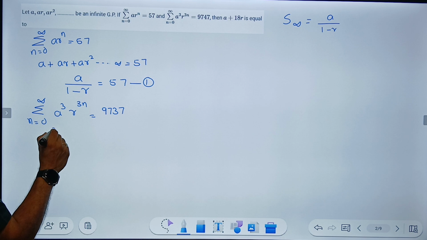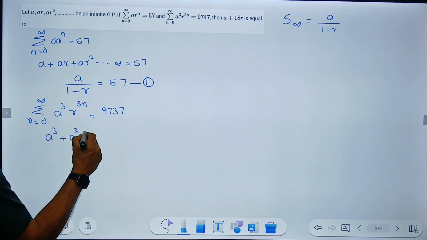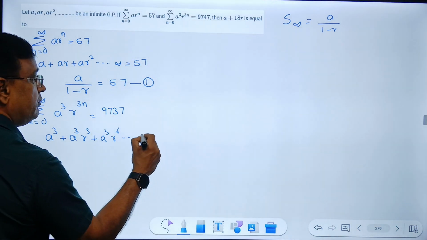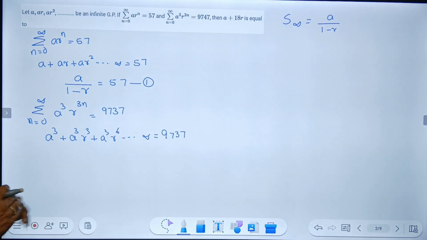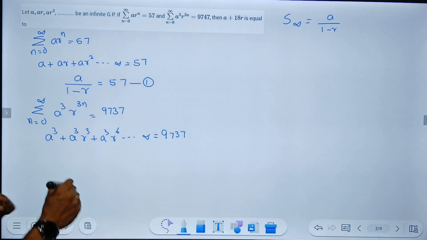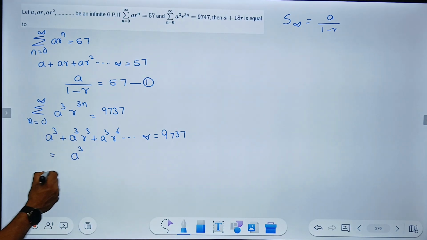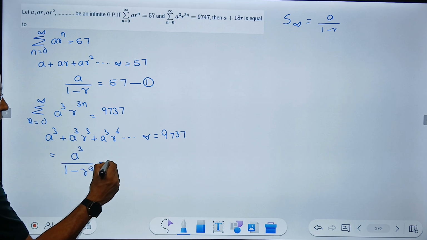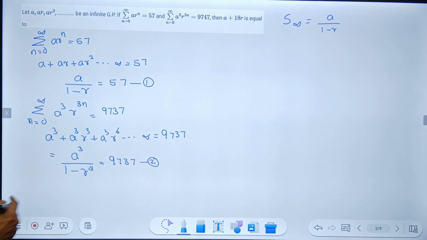So you get A cube plus A cube R cube plus A cube R power 6, and so on to infinity is 9747. Again I am going to use the formula of S infinity. Here my first term is A cube and my common ratio is R cube, so A cube by 1 minus R cube is equal to 9747. Call this equation 2.